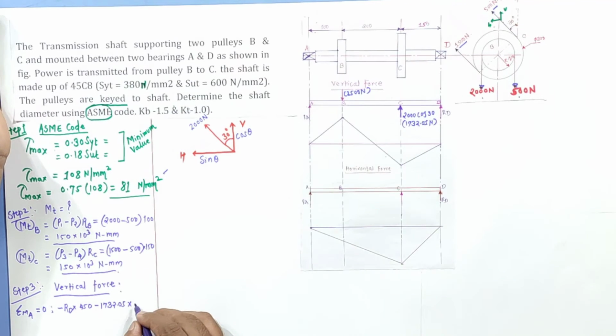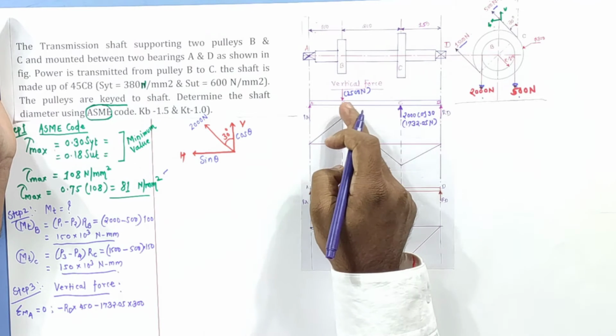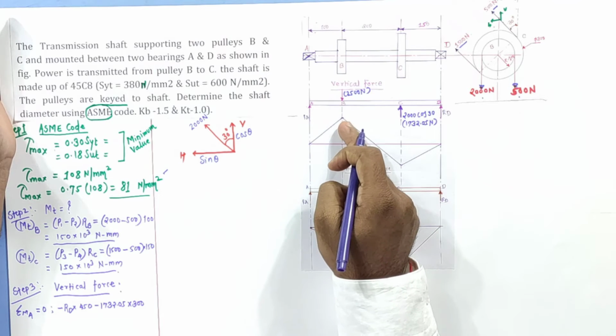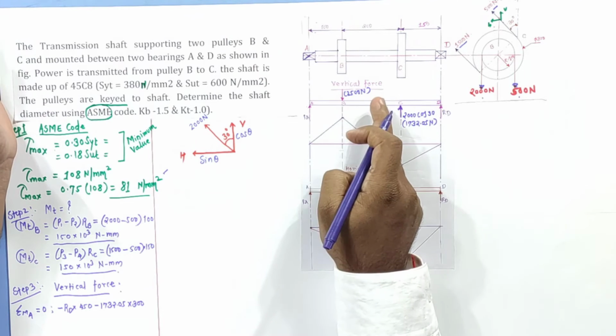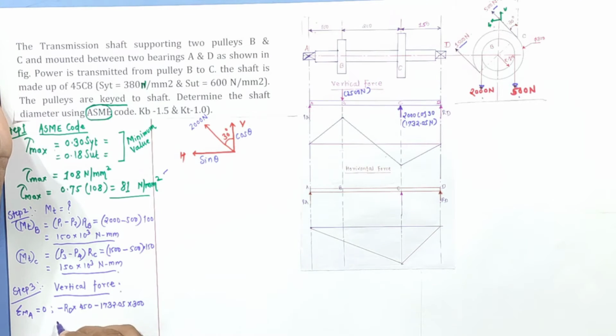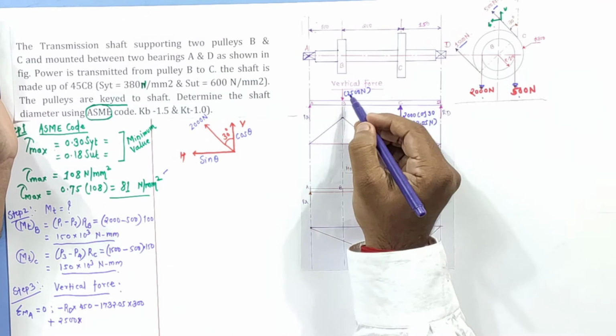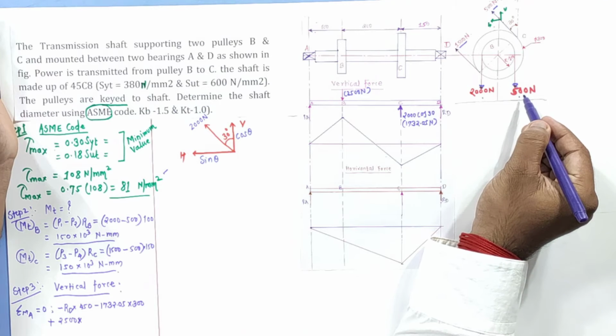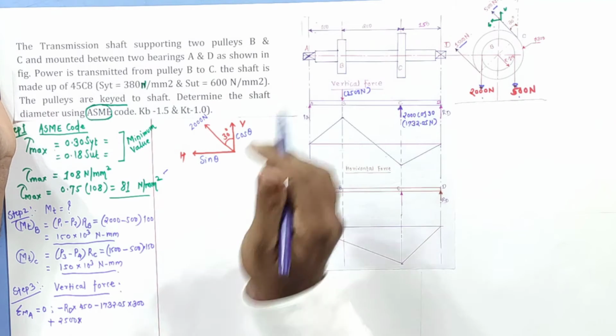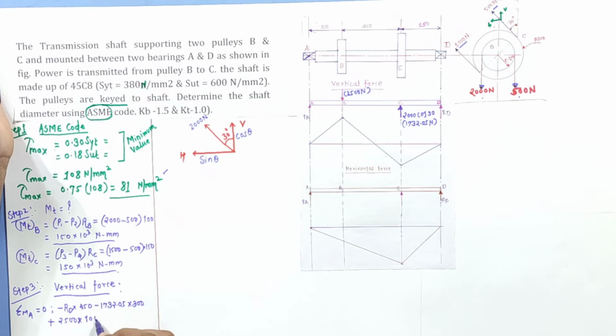Why 300? The remaining distance with respect to A, 200 plus 100, is 300. Now for this force, moving downward, we have taken upward motion as negative, so downward is positive, plus 2500 into 100. Why 2500? See, 2000 plus 500 is 2500, into 100, which is equal to 0.